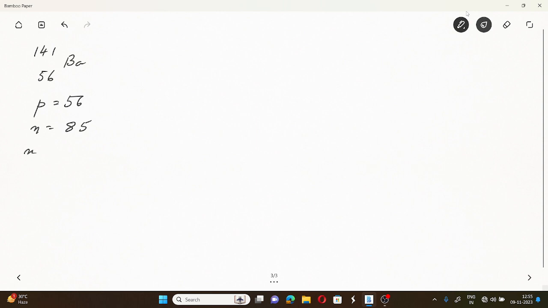So if you calculate the n by p ratio, now this n by p ratio, this value will be about 1.51. So for nuclei এটা 1.51 হচ্ছে মানে it is above stability zone, তাই তো?